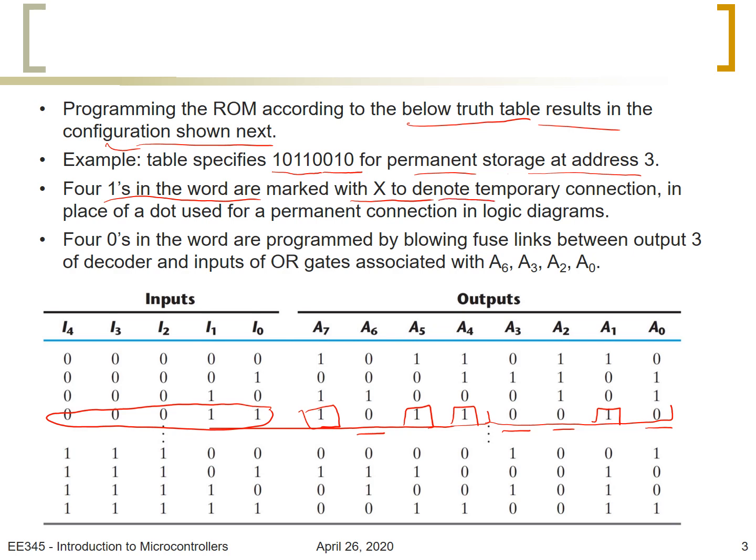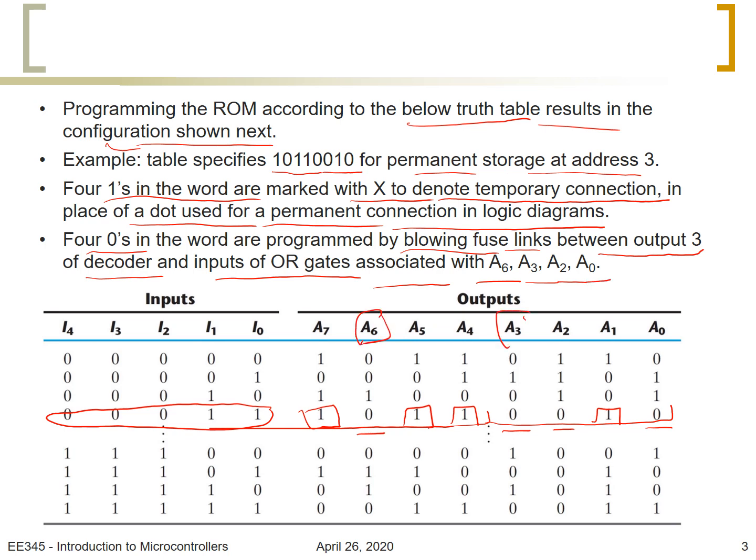It denotes a temporary connection in place of a dot that is used for permanent connection in the logic diagrams, and the 4 zeros in the word are programmed by blowing the fuse links between output 3 of the decoder and inputs of the OR gates associated with A6, A3, A2, A0, which have zeros in these locations, as we have just mentioned. We will look next at the hardware that shows us this.